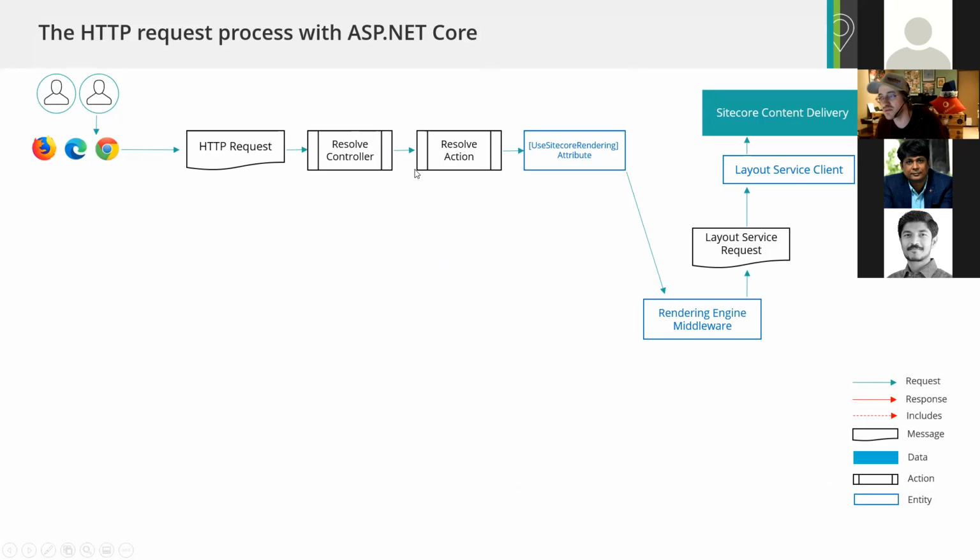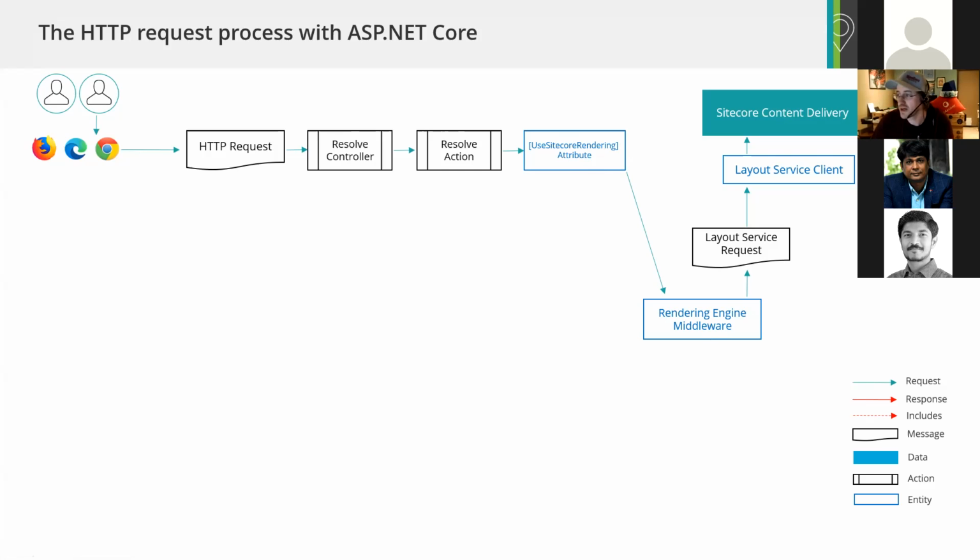So when a request comes in, your controller and action will be resolved, and typically when using our SDK, you'll have a controller action that has the use Sitecore rendering attribute on it. And what this will do is trigger our middleware, our rendering engine middleware.